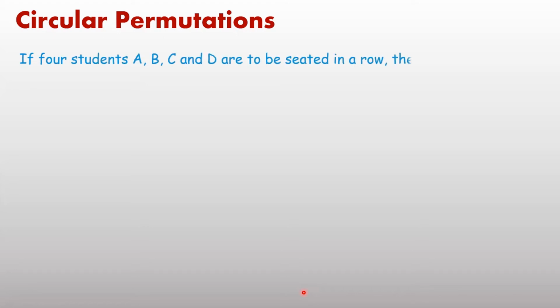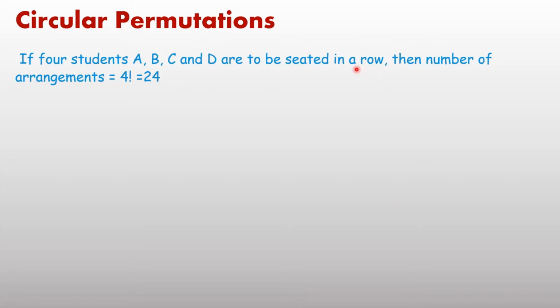This topic is very important, that is circular permutation. For competition purposes, it is an important topic. Before starting the formula, just concentrate here. There are 4 students, A, B, C and D. How many ways can you arrange these 4 students in a row?